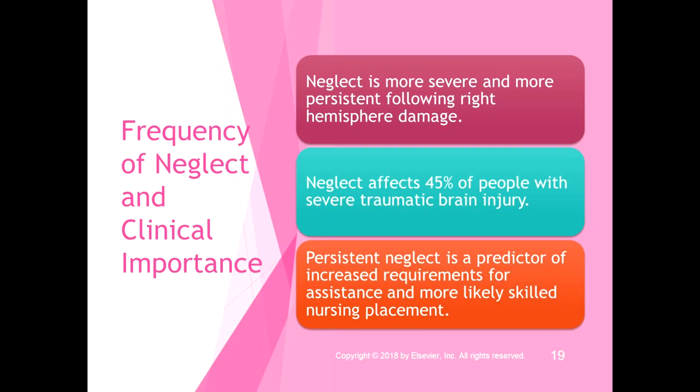Persistent neglect is a predictor of increased requirements for assistance and more likely skilled nursing placement instead of being able to stay at home. So it's pretty important that it's recognized in people, because people that have persistent neglect have difficulty taking care of themselves. They need more assistance.